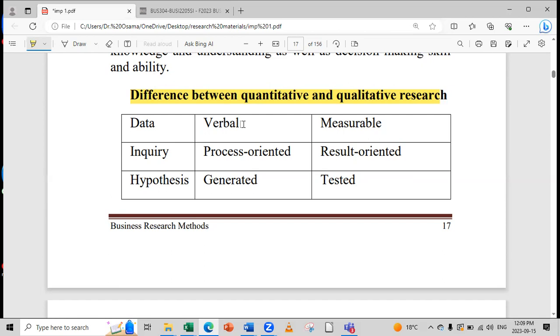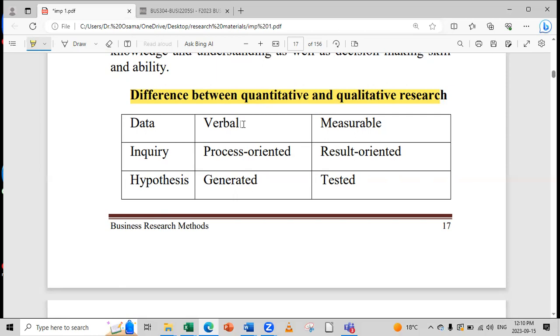The point here is that in quantitative research we use mathematics. For example, we said 7 out of 10, which means 70%. But we also use statistical techniques like the mode, the median and the average to calculate these ratios.